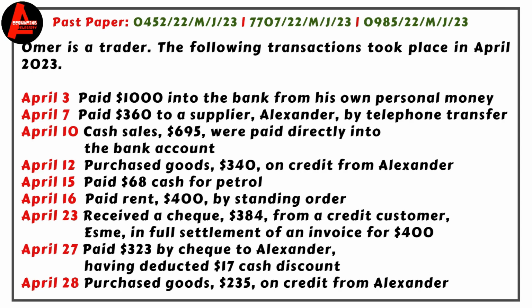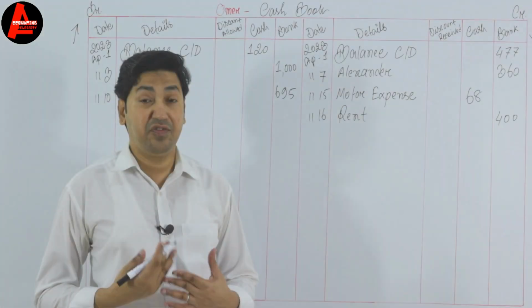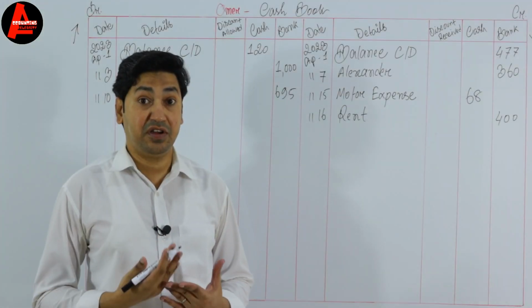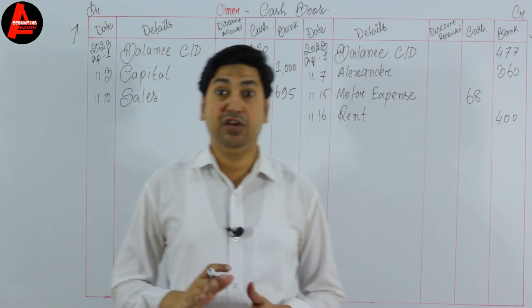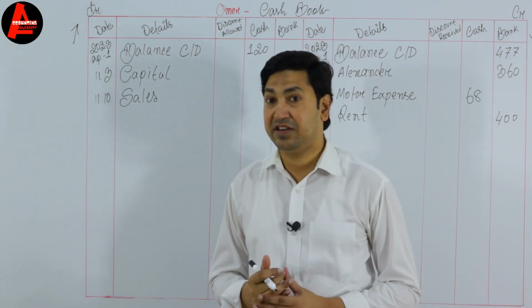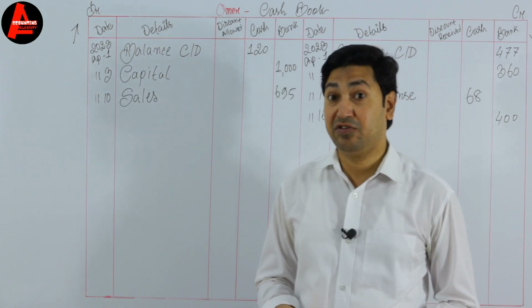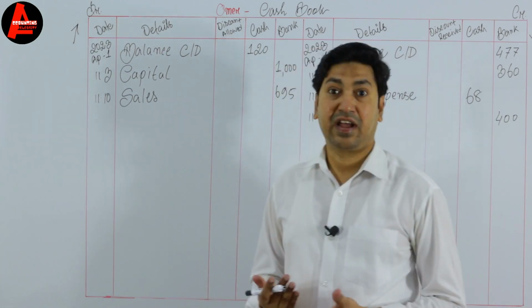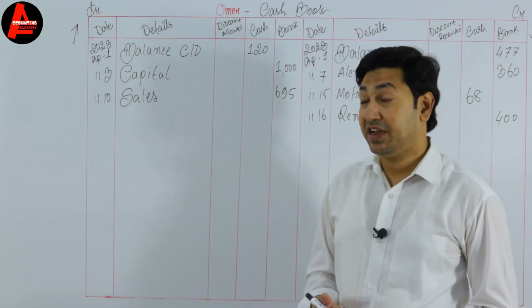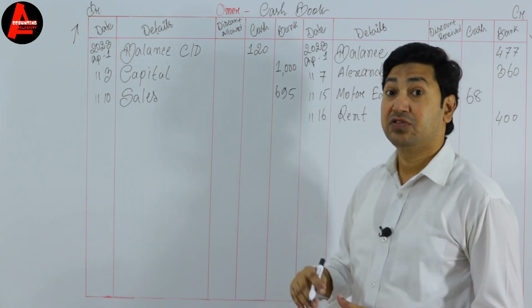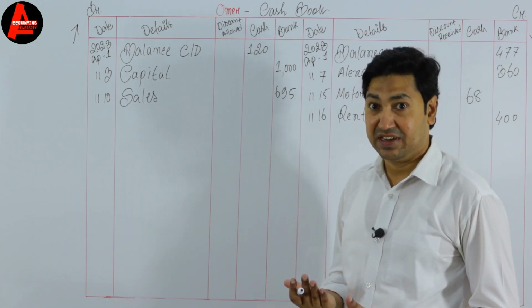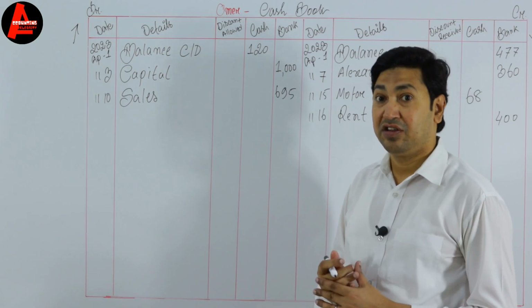Then we have April 23, received a check for $384 from a credit customer, SME, in full settlement of an invoice of $400. Okay, so receipt: if you see this word in a transaction, it will appear on the debit side, because this will increase the balance of bank or cash. Received a check means the bank balance will be increased, so we will write on the debit side.